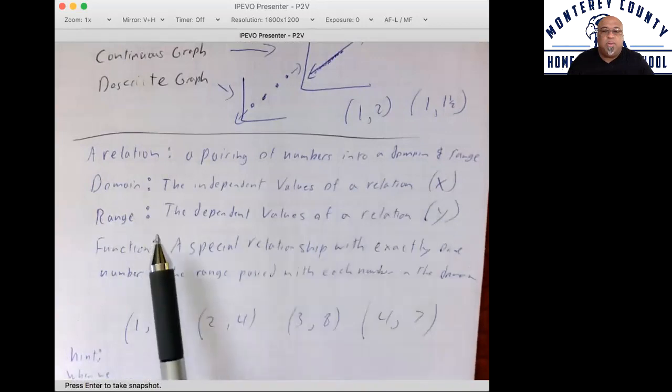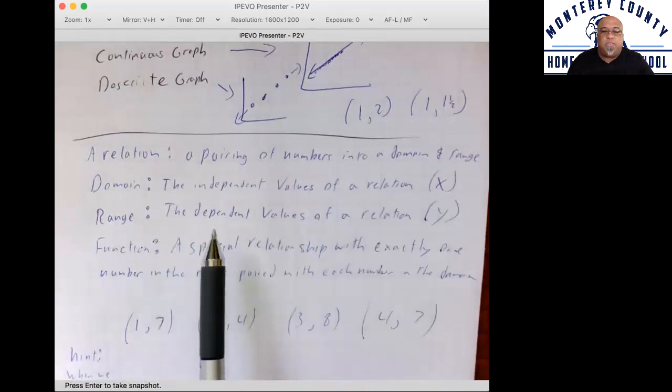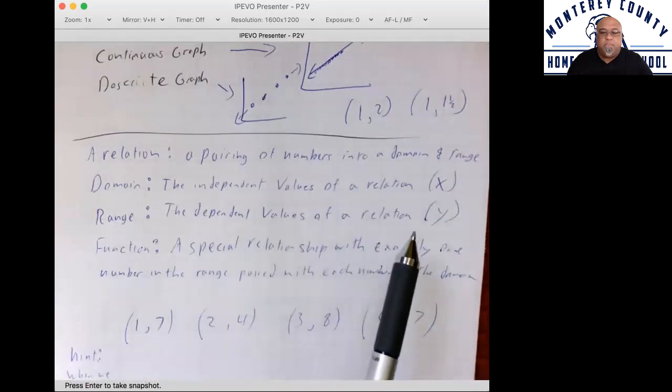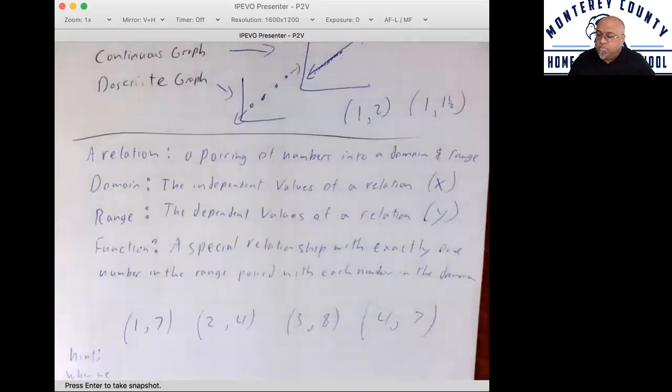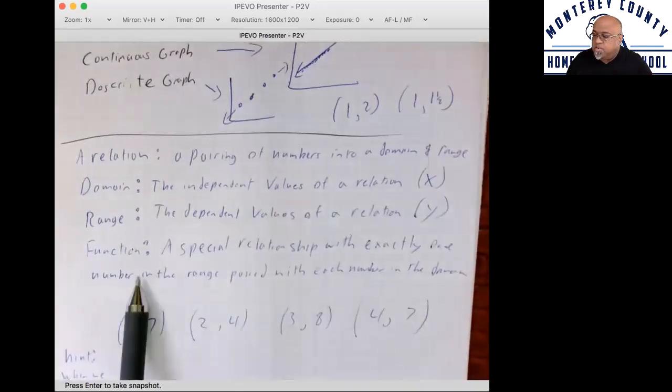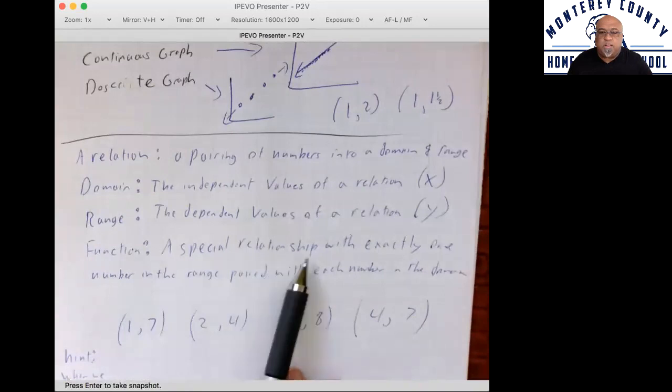The range is the dependent values of a relation, commonly known as y. And same as with x, you can use other letters if needed. And a function, sorry, it's a little fuzzy here. A function is a special relationship with exactly one number in the range paired to each number in the domain.